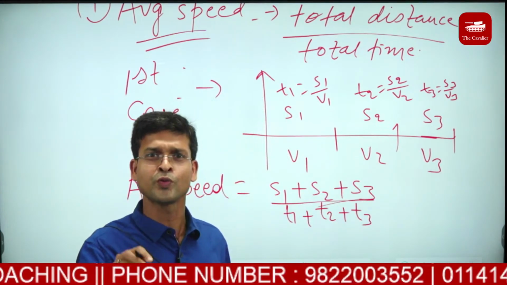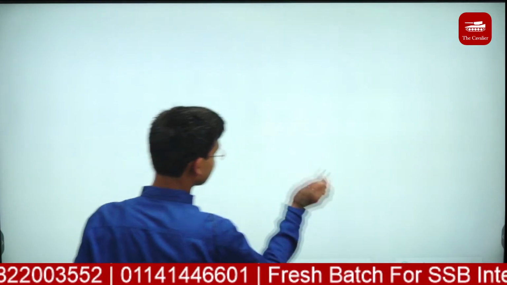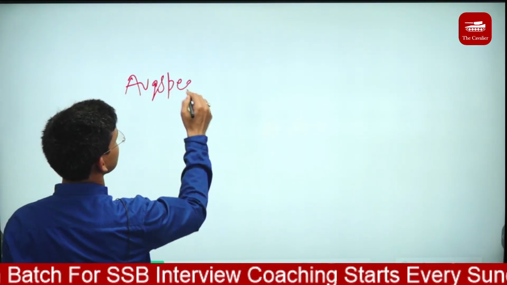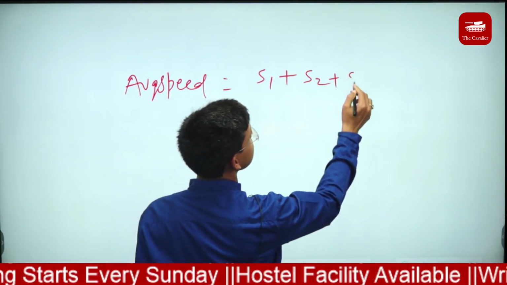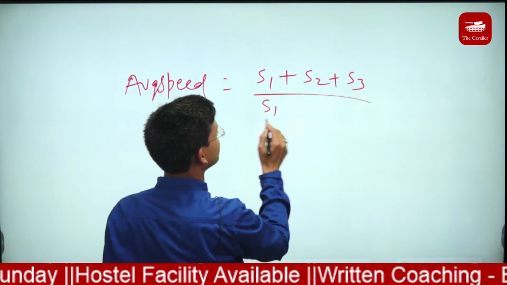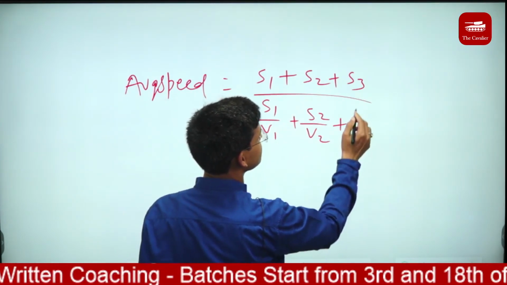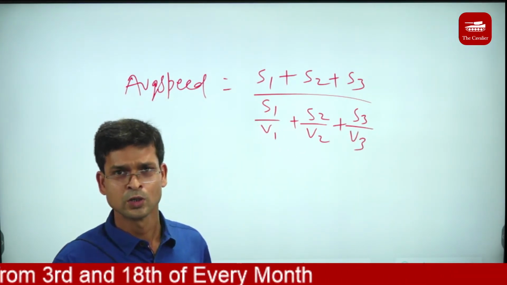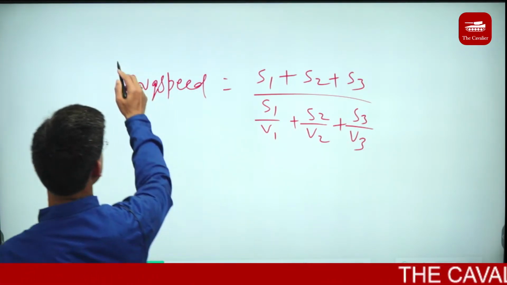First of all you have to find the time, then you will get the average speed equal to s1 plus s2 plus s3 upon t1 plus t2 plus t3, that is s1 by v1, s2 by v2, and s3 by v3. This is the application. You can easily find the average speed by the use of this formula.